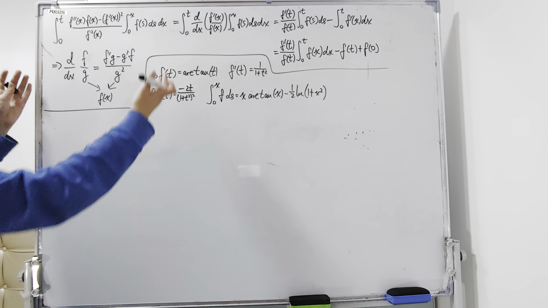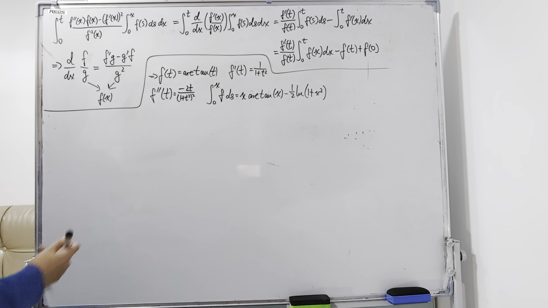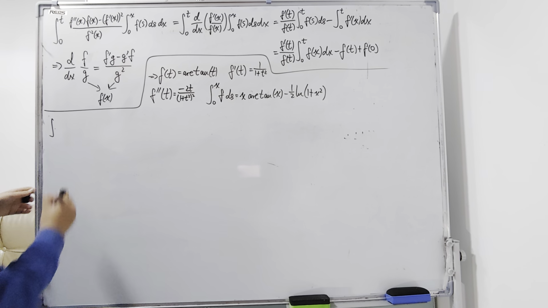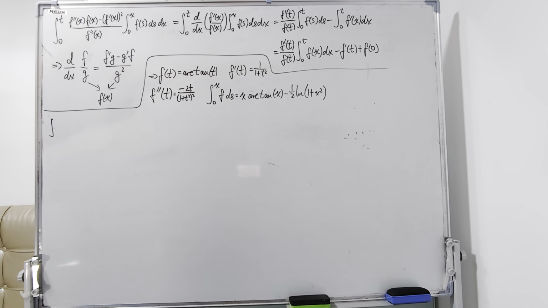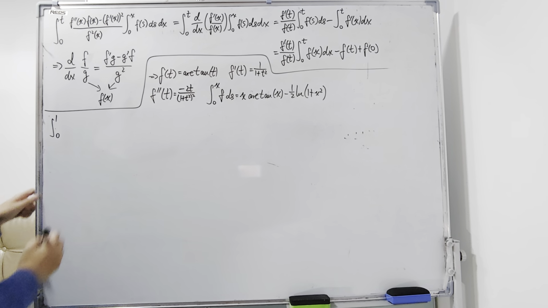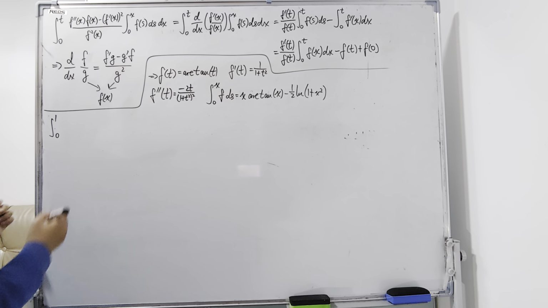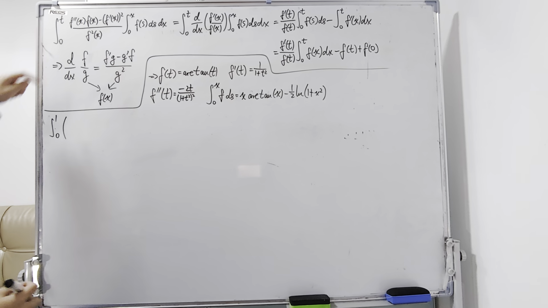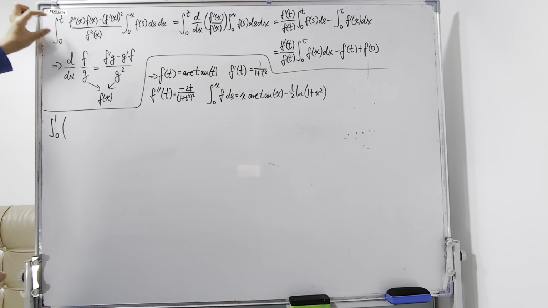So now, if we just plug this into our expression, and to make it look more pleasing, I'm going to choose t equal to 1. Okay. Now, I think it's best if we look at this expression bit by bit. So, here f and f squared will cancel. I mean, this f will cancel.